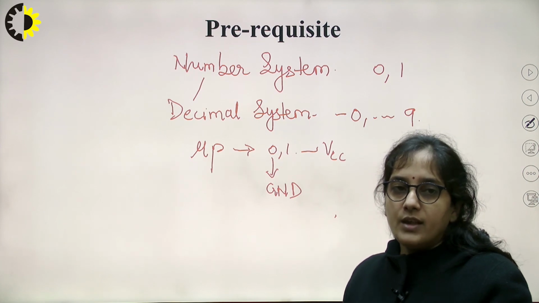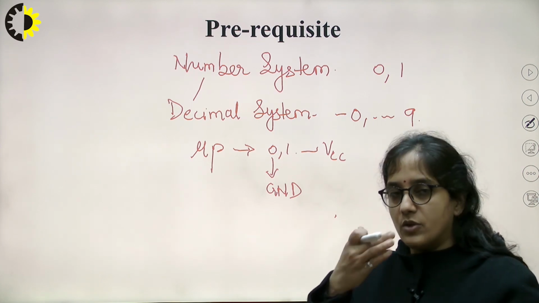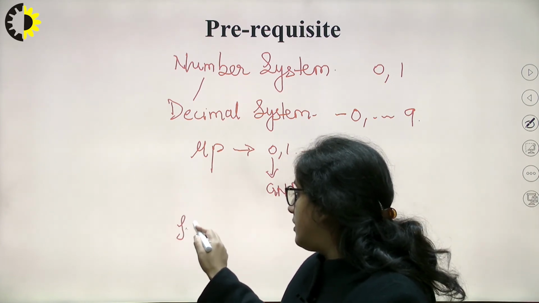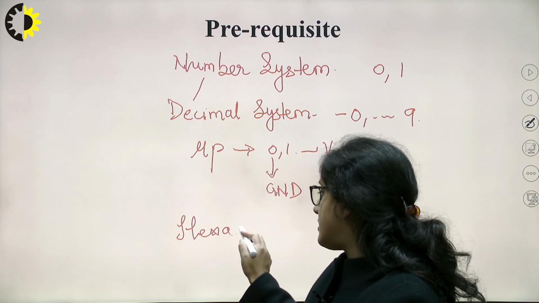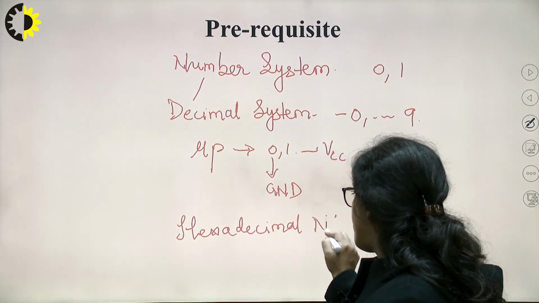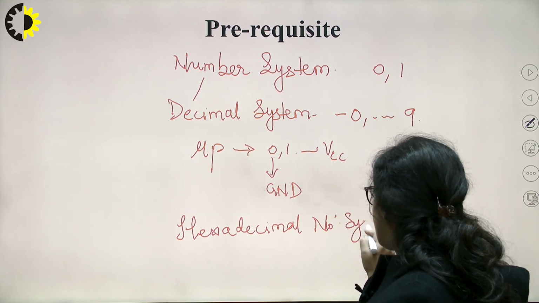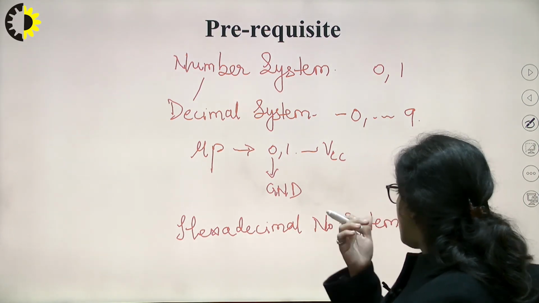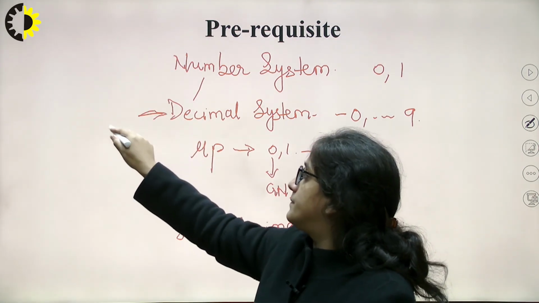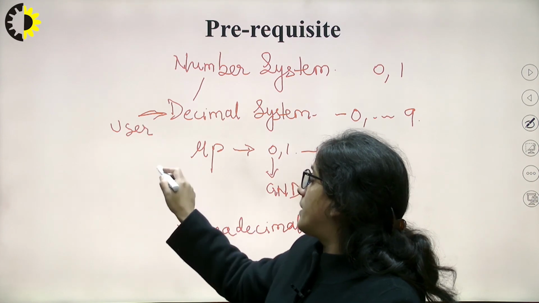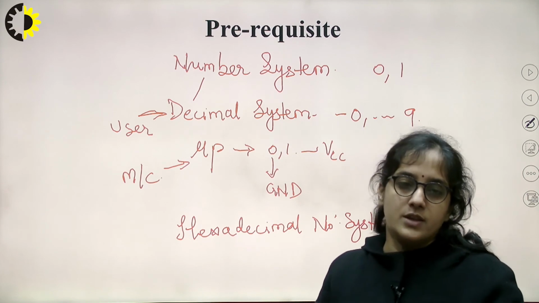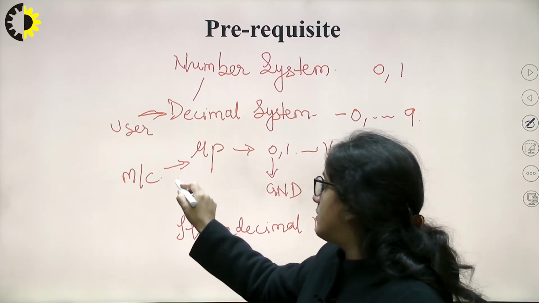But we know the decimal number system, and there is one more number system, that is the hexadecimal number system. Why does this number system come into the picture? Because as a user, we remember only the decimal number system, but the machine remembers 0 1 0 1, the binary number system.